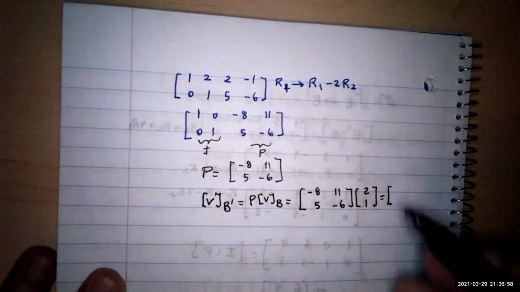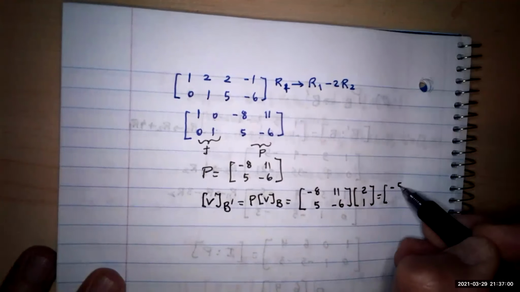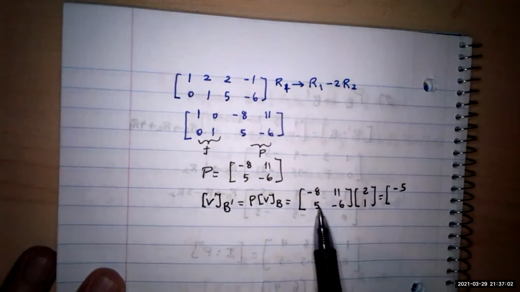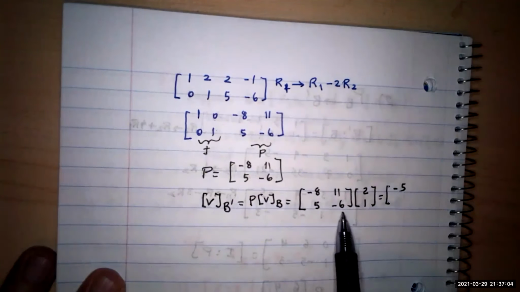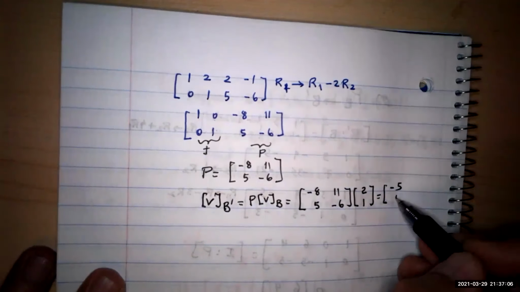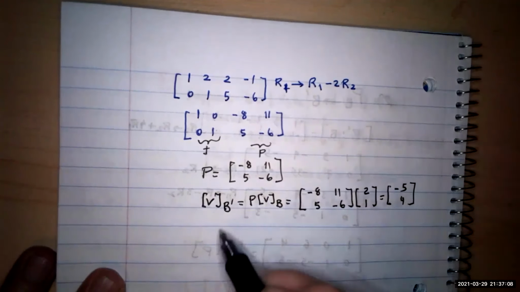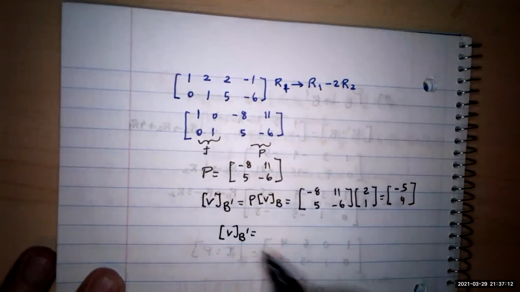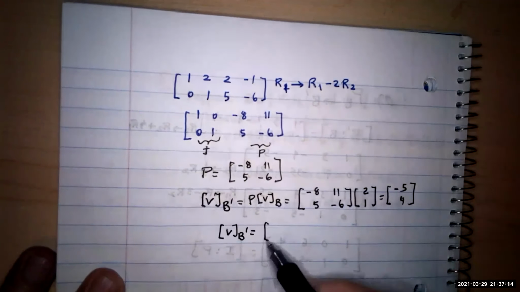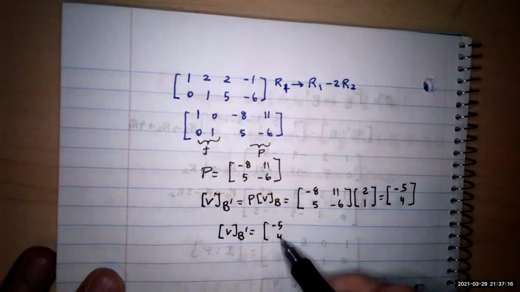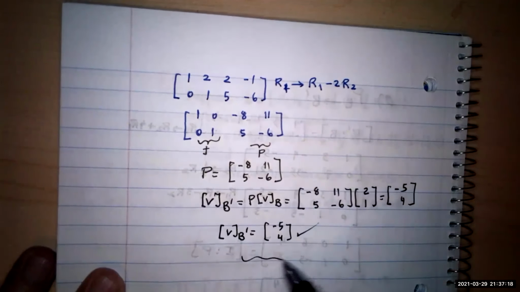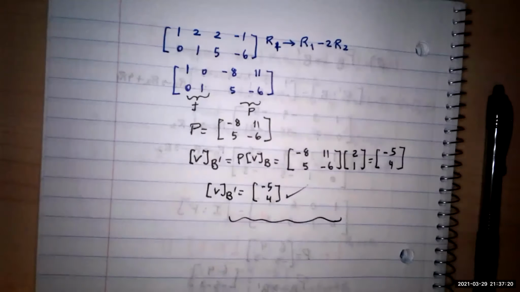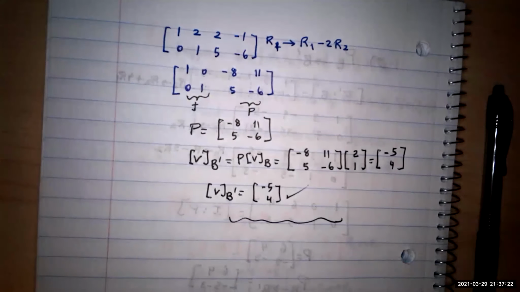Okay, that gives us a negative 5. And the second one is a 10 and the negative 6, that gives us a 4. So the coordinate matrix with respect to the B prime is going to be equal to negative 5 and 4. And you're done.